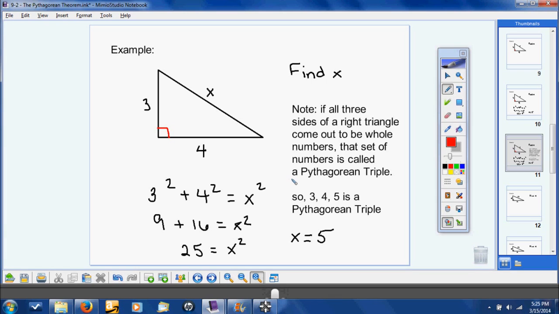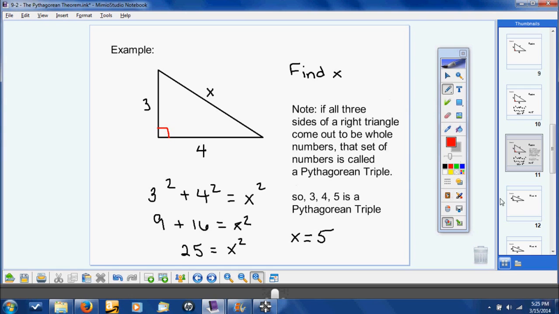So 3, 4, 5 is a Pythagorean triple. Alright, that should be enough time for you to have written it.